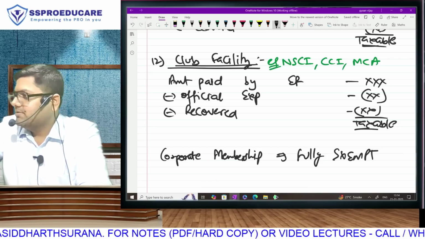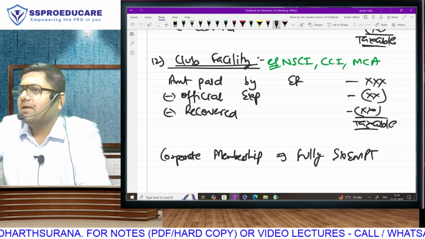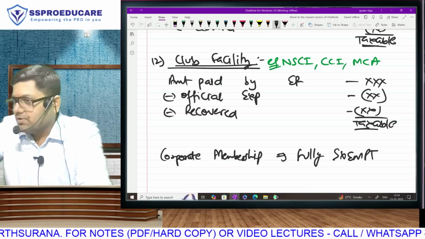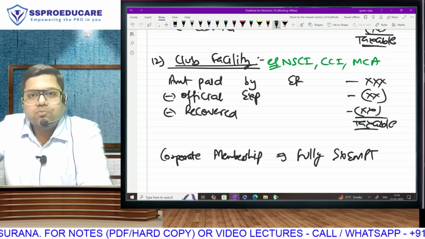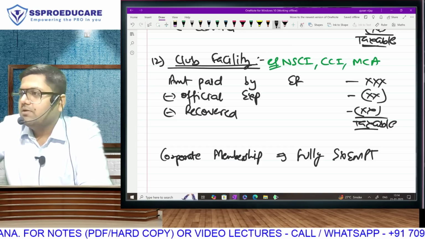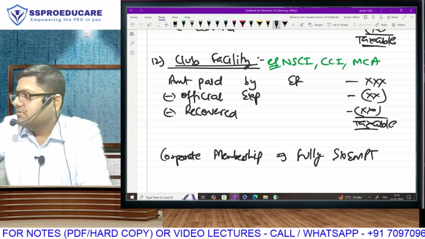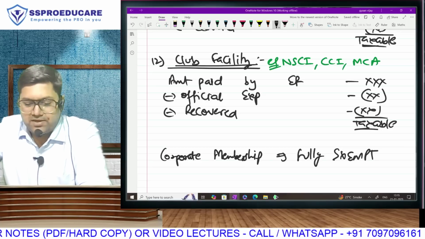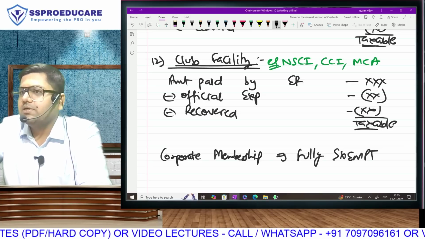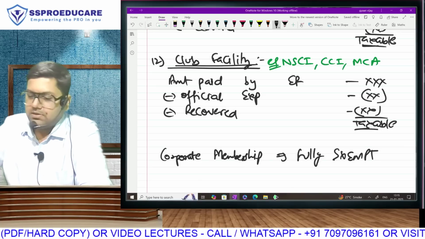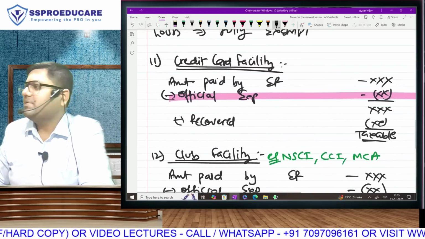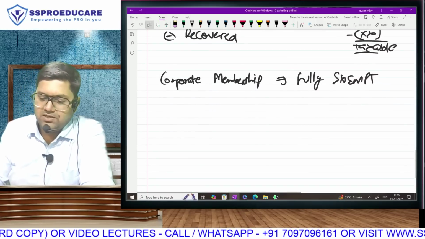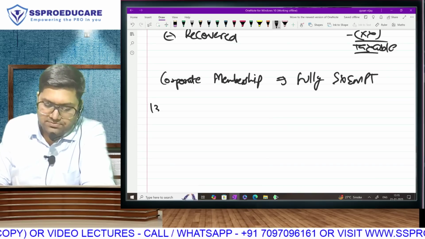You understand? Once you leave that employment, you don't get the benefit. And therefore, corporate membership will be fully exempt. Is that clear? Apart from that, the valuation is absolutely same as credit card facility. Expense of employer minus official expense minus the amount which is recovered.